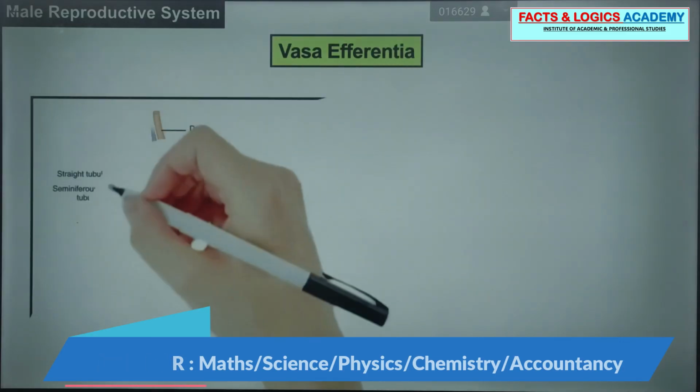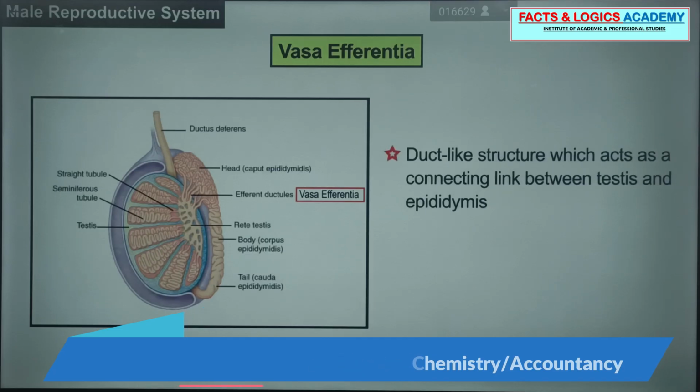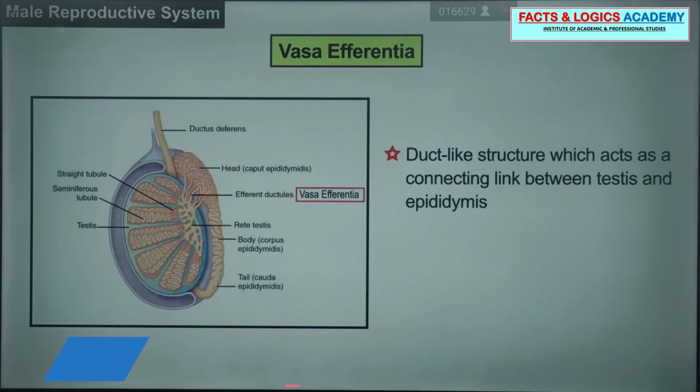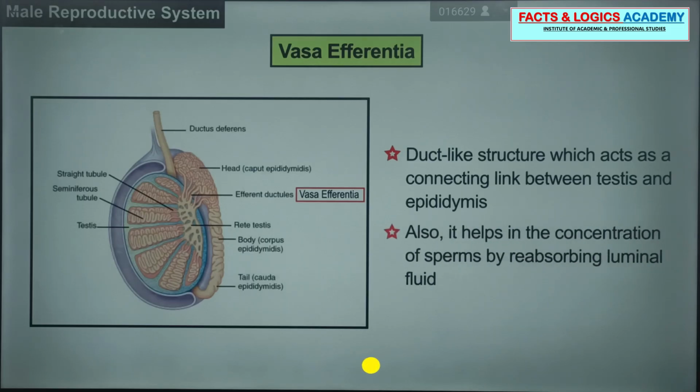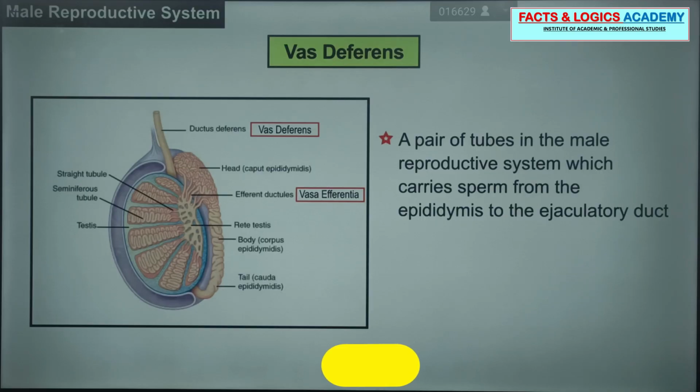Next we have the vasa efferentia. It is a duct-like structure which acts as a connecting link between the testes and the epididymis. Because it makes the pathway for the sperm mixed with the semen from rete testes to the epididymis. Also, it helps in the concentration of the sperms by reabsorbing the luminal fluid. Next is the vas deferens. It is a pair of tubes in the male reproductive system which carries the sperm from the epididymis to the ejaculatory duct.